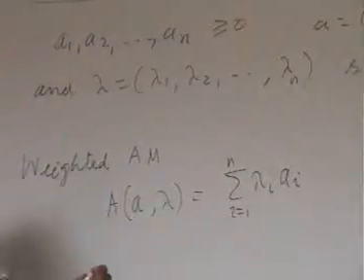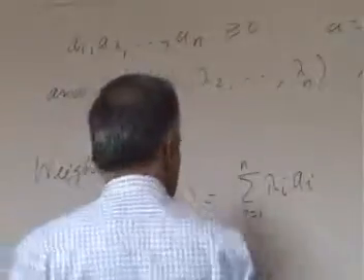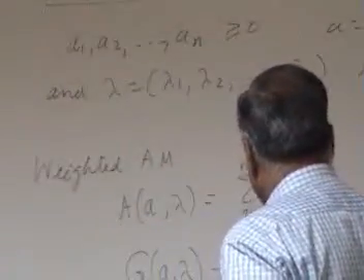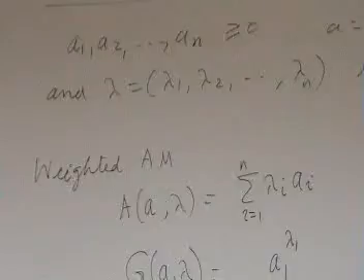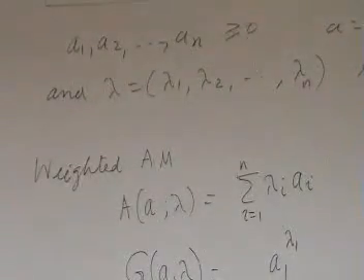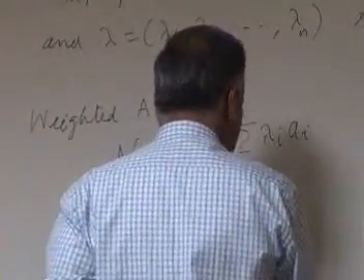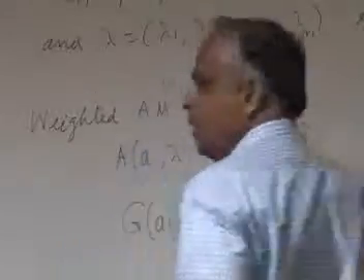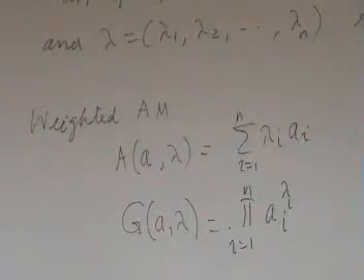And the weighted geometric mean to be, now A1 is raised to the power of lambda 1, A2 is another one, the power is also distributed according to the weight, A1 to the lambda 1, etc. So I can write it as the product from i equal to 1 to n of Ai to the lambda i. That's the generalized weighted arithmetic mean and geometric mean.